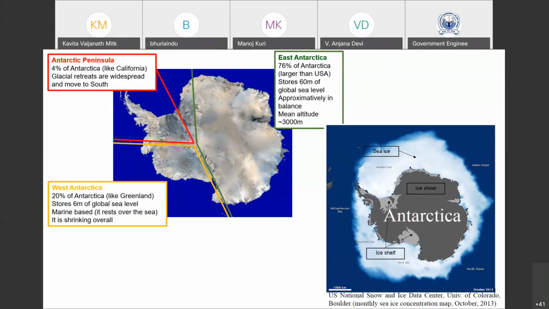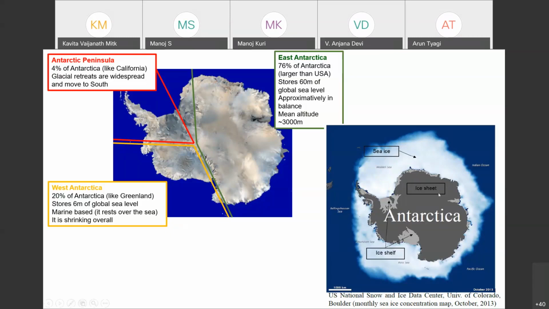Then West Antarctica, the studies say, is overall shrinking, and it constitutes 20% of the Antarctic region. Then East Antarctic is basically contributing large amounts of meltwater to the global sea, and it constitutes 76% of the Antarctic region.